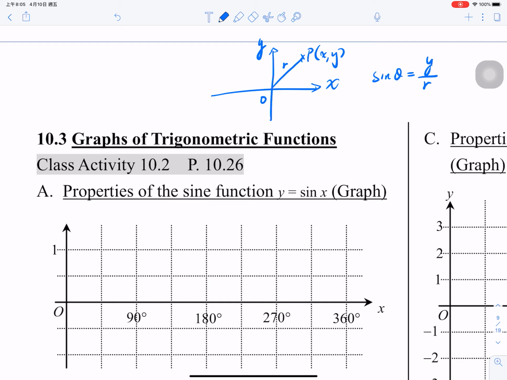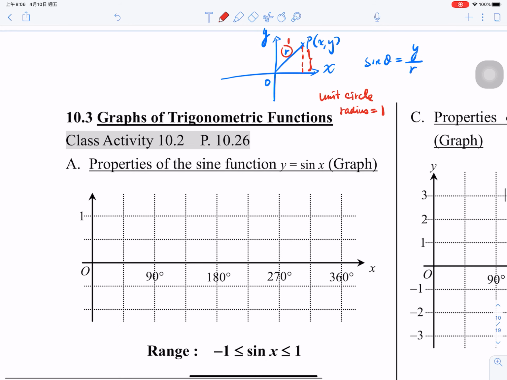That means this time we focus on the y coordinates, okay? And now we'll use a unit circle to explain the graph. Unit circle means radius equals 1, okay?